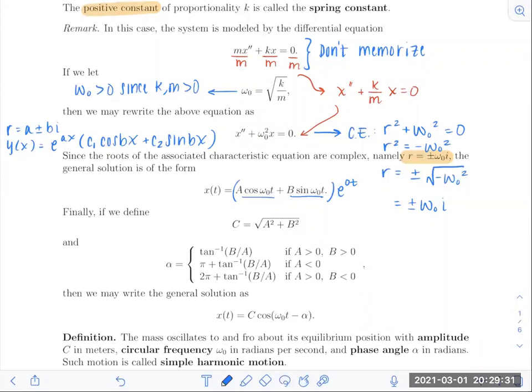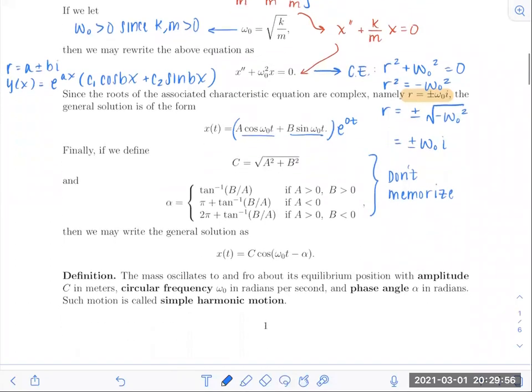And then we also have this alpha value here depending on the signs of a and b. So here again, this is another situation where I don't want you to memorize these equations. If I want you to condense your sine and cosine into a single cosine function, I will provide these equations for you. So just reference them as you're working out the homework problems.